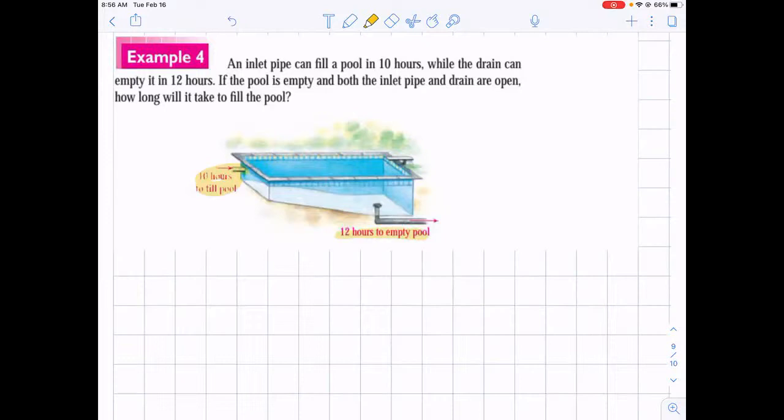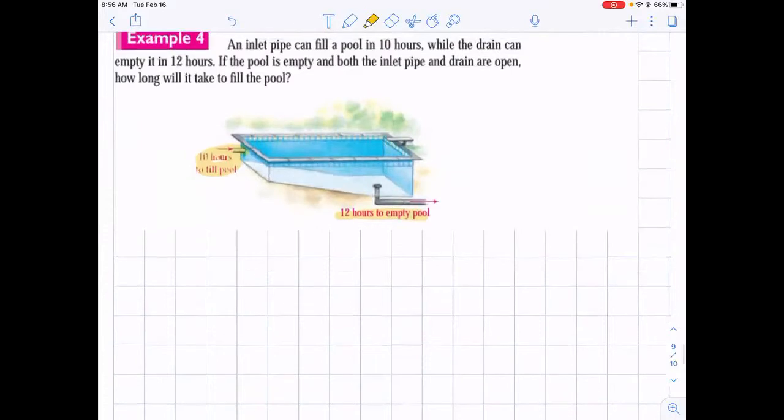If the pool is empty and both the inlet and drain pipe are open, how long will it take to fill the pool? So if we open both pipes where the pool is filling and draining at the same time, how long will it take to fill the pool? So let's see.